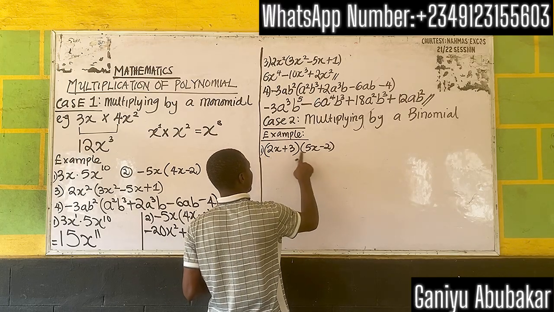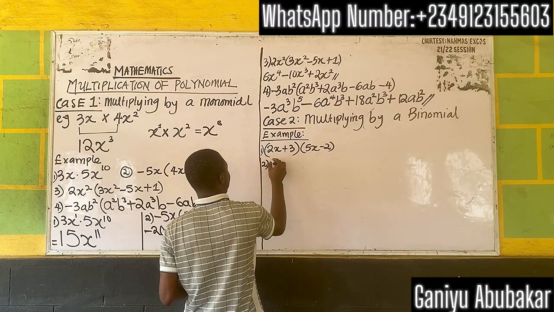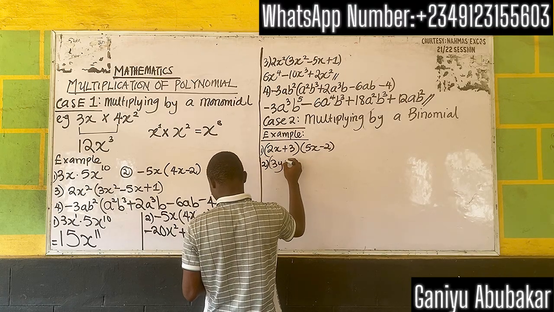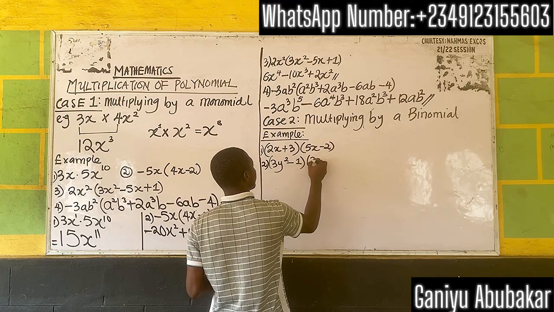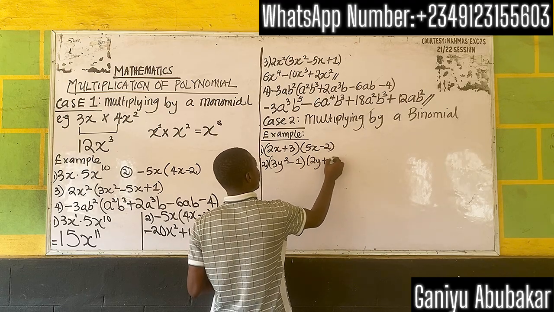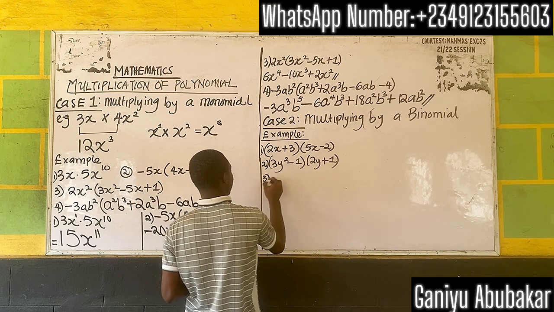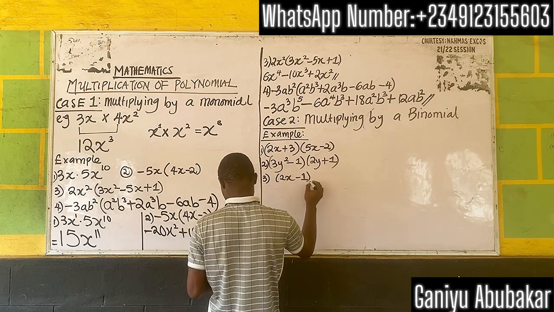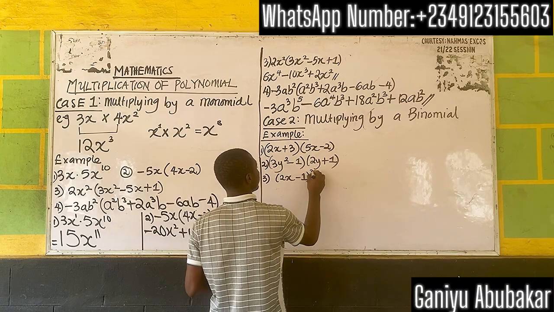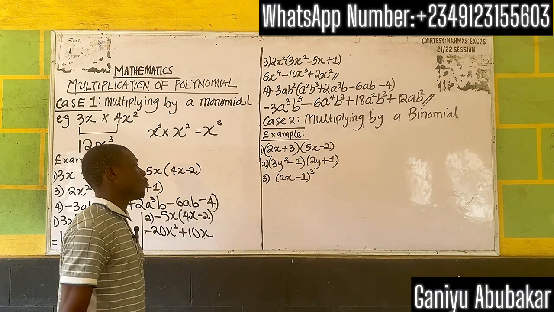Two terms multiplying by two terms. That's the meaning. If I have number 2, 3y squared minus 1 into 2y plus 1. It's still example number 3. If I have 2x minus 1 cube.